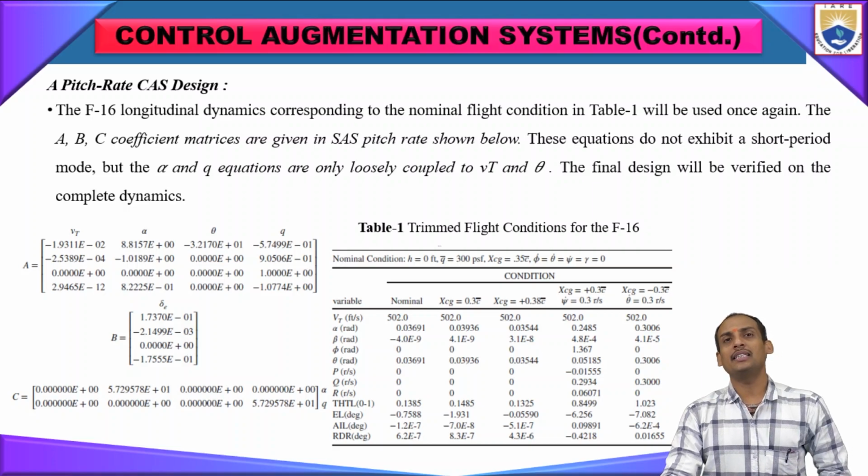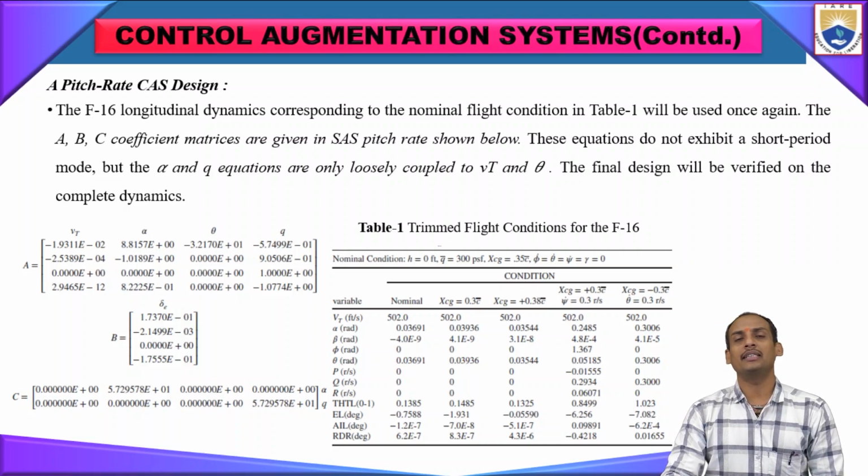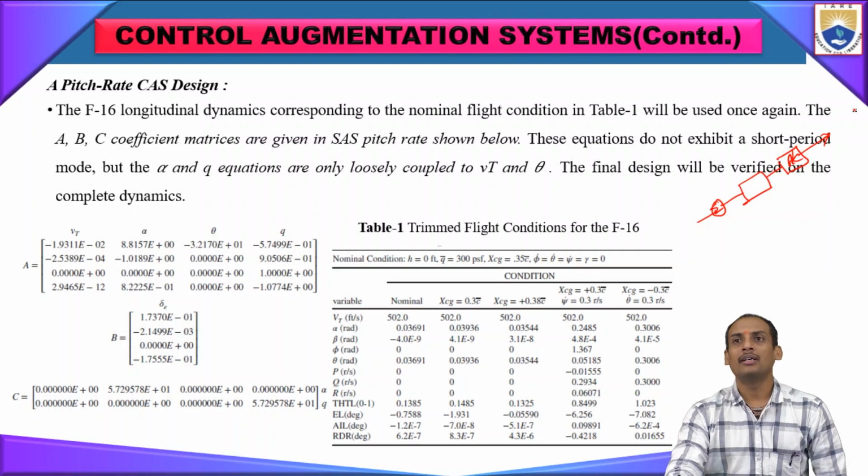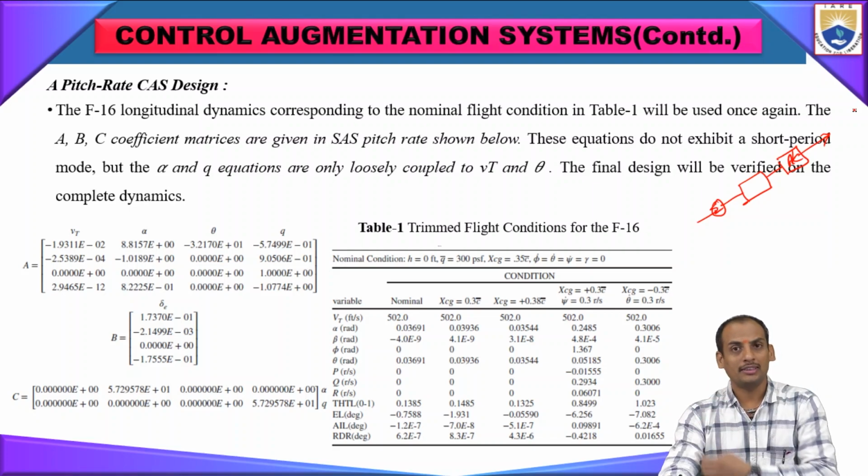If you see how this CAS system is designed for general application, there will be a summing amplifier. After that comes the transfer function, and then the aircraft control system, from which the output comes.